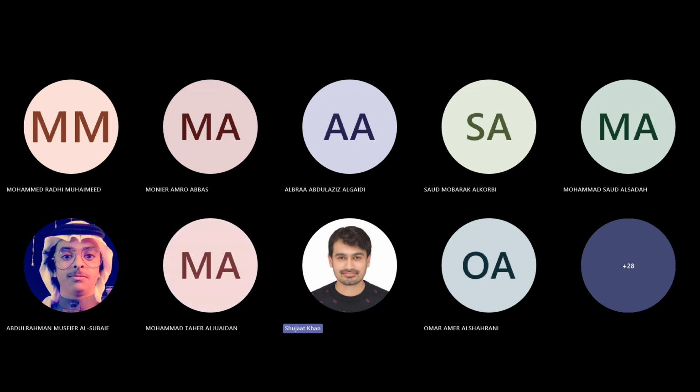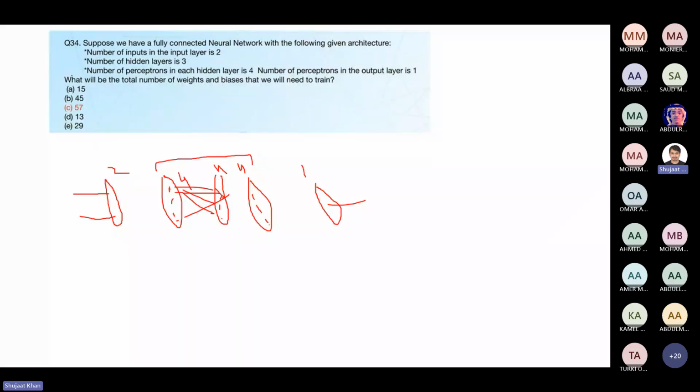But anyway, this is the configuration we have. We have 3 hidden layers, and in each layer we have 4 neurons. In the input we have 2 inputs, and in the output we have just a single neuron. Because it's fully connected, all perceptrons are connected with each other in neighboring layers.